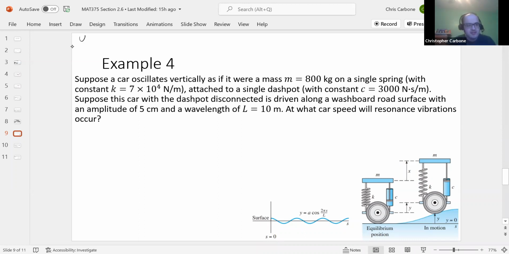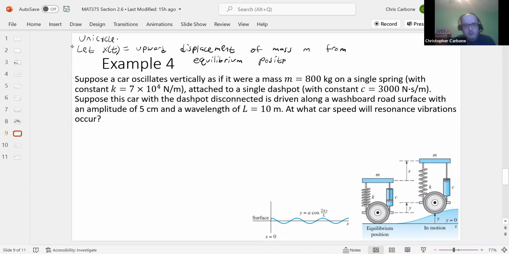So for this, we are going to say that this is a unicycle. We are going to let X of t be the upward displacement of mass m from equilibrium position, and we're going to ignore gravity.